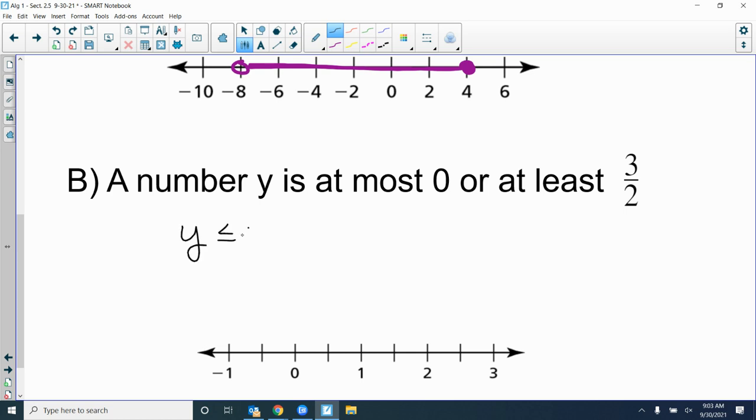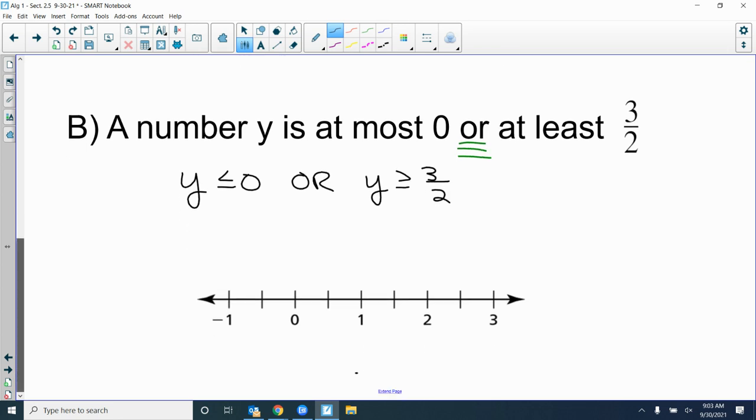Good. And we got this word or here. Now, how do I write at least 3 halves? Go ahead. Y is greater than or equal to 3 halves. Yep. At least is greater than or equal to. So y is greater than or equal to 3 halves.